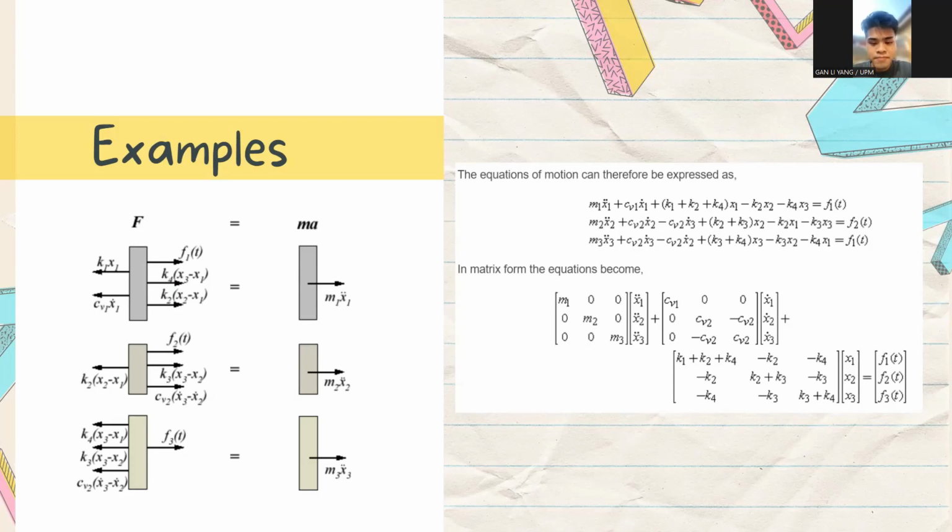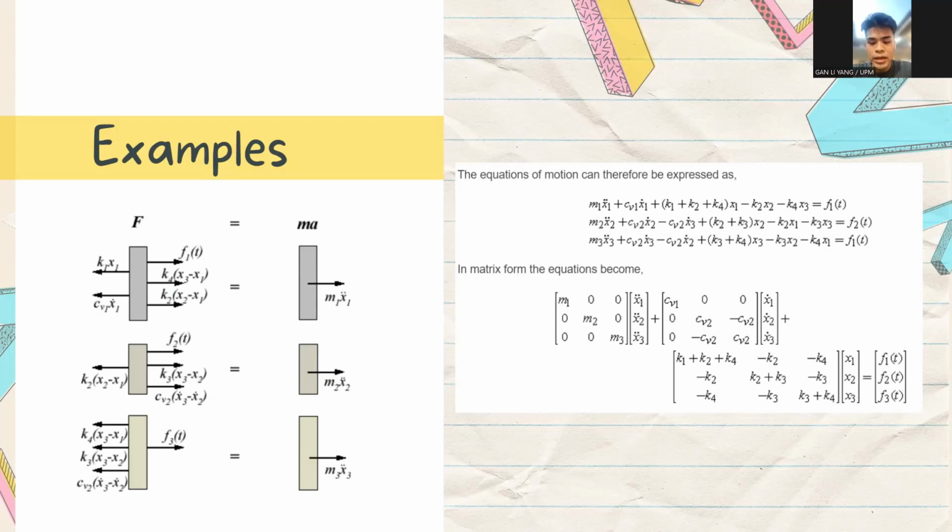At first, you can see that the equation is expressed in linear form. From the linear form, we can translate it into matrix form. So in matrix form, you can see how we apply the matrix in vibration analysis.